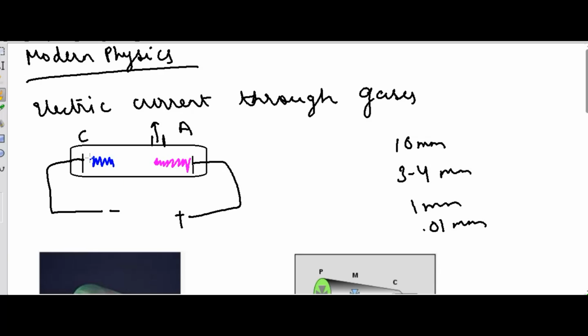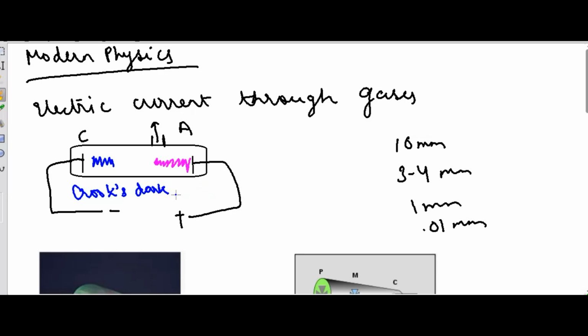Now there is a small dark space, not as big as Faraday's dark space, between this bluish glow and the cathode, and this is known as Crookes dark space.